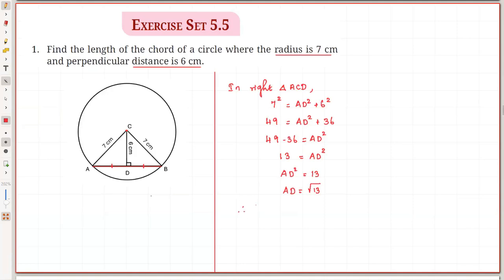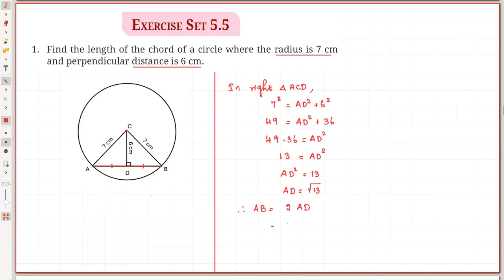Therefore AB is equal to AD plus DB, and as they have equal length, AB can be written as 2 times AD.